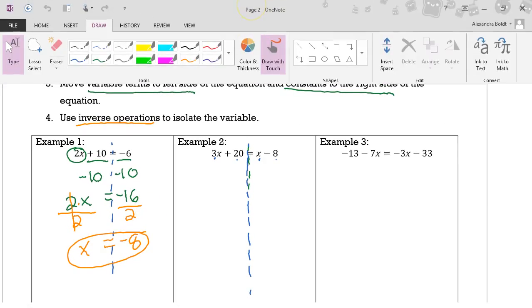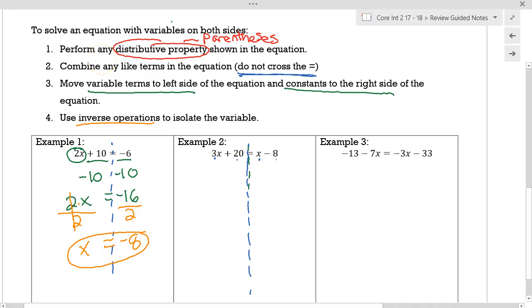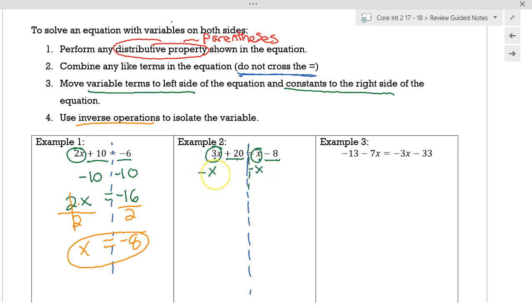Then our next step: move variable terms to the left side and constant terms to the right side. So, 3x is on the left side, x is not. I have to subtract x from both sides to get it from the right side to the left side. So 3x minus, technically this is 1x, that's 2x.